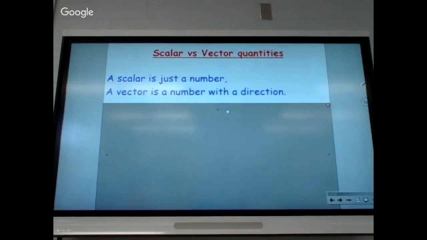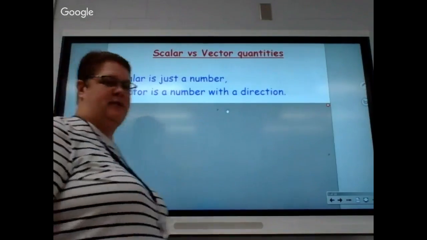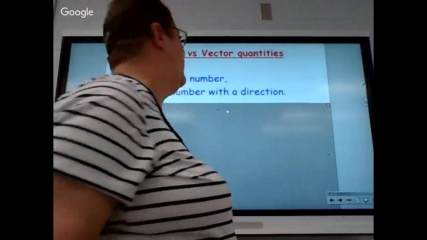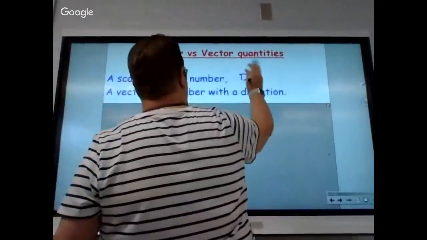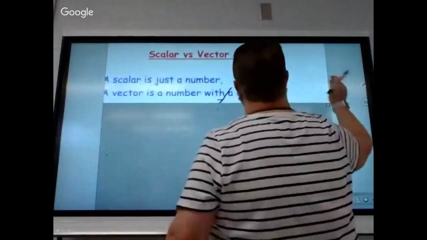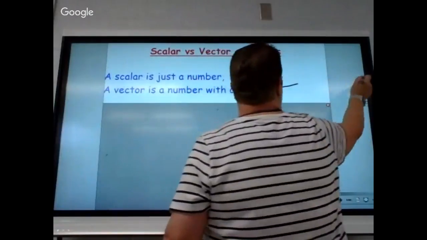So thinking about distance and displacement, one of those was a scalar and one of those was a vector. Any idea which one was which? Yes. All right, Logan, what do you think? That's correct, okay? Because with distance, we just added the numbers together. Let's change colors there. Okay, we'll try that again.